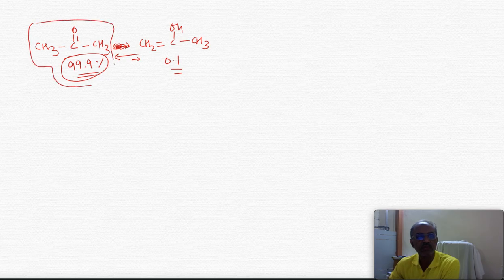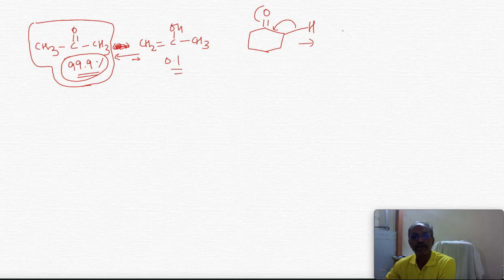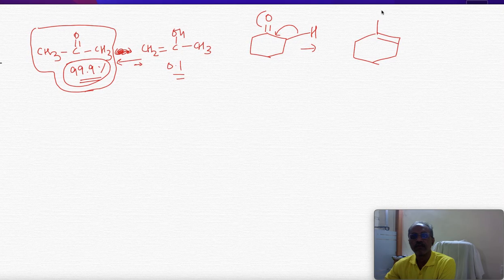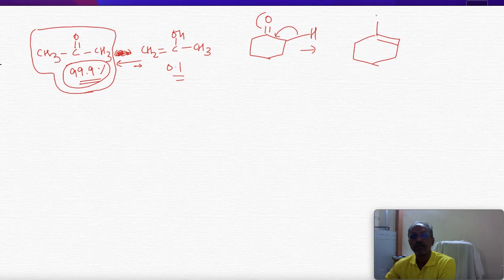Now the issue comes, why? Because of the C double bond O. One more example, prior to going to that reason I'll tell you. Take for example this, right? This is known as cyclohexanone. Fine.